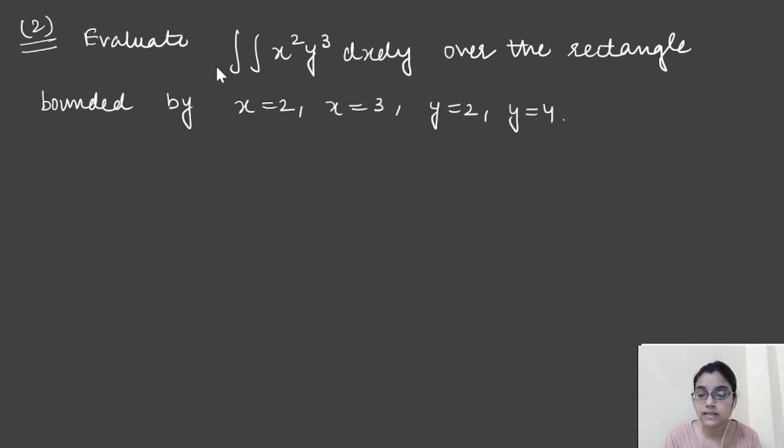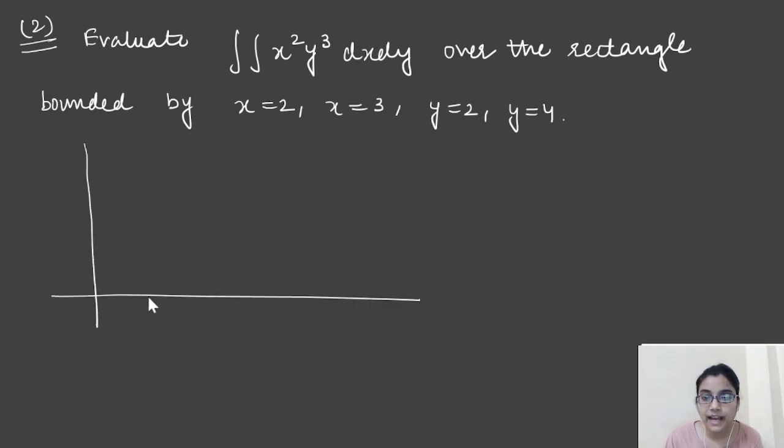This is a domain specific question, and the domain being given to you is a rectangular domain bounded by the line x equal to 2, x equal to 3, y equal to 2 and y equal to 4. First we will try to draw the domain. Here we have x equal to 2, then x equal to 3, then y equal to 2 and y equal to 4.